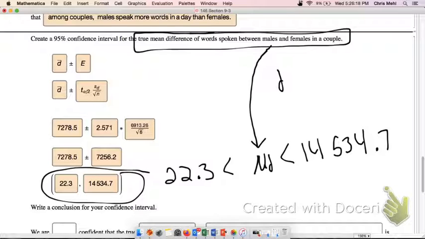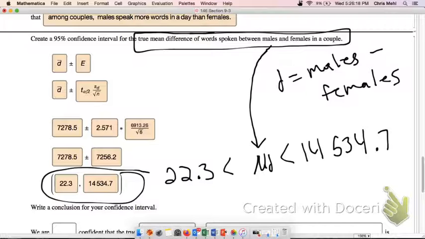Remember, to calculate d, the differences were males minus female words. So when the differences are positive, that means males speak more words than females. So you estimated that the mean difference amongst all males and females in couples was positive. What I'm getting at here is that the confidence interval has the same conclusion as your hypothesis test.